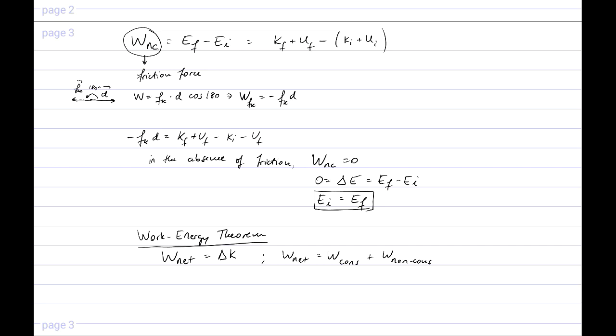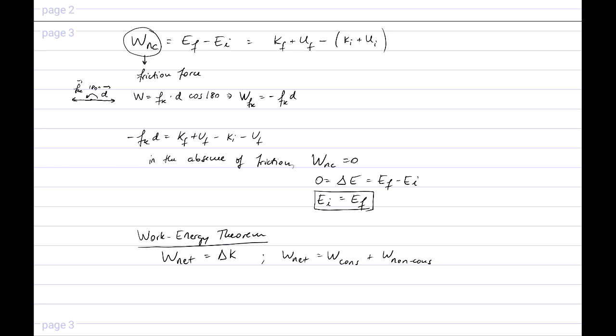So how does this equation differ from the one we have up here? Well, it doesn't really. If we actually just took out the work done by non-conservative forces from this equation, we would figure out that the work done by conservative forces and the change in kinetic energy would be equal to the work done by non-conservative forces.